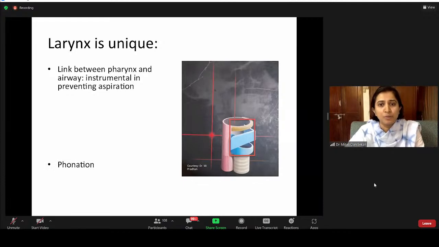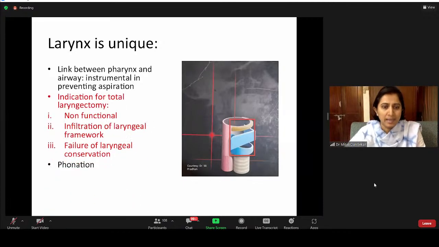Also, it helps in phonation. So based on that, the general indications for total laryngectomy would be when this link becomes non-functional, when there is infiltration of the tumor in this laryngeal framework, or when treatment related to laryngeal conservation fails.